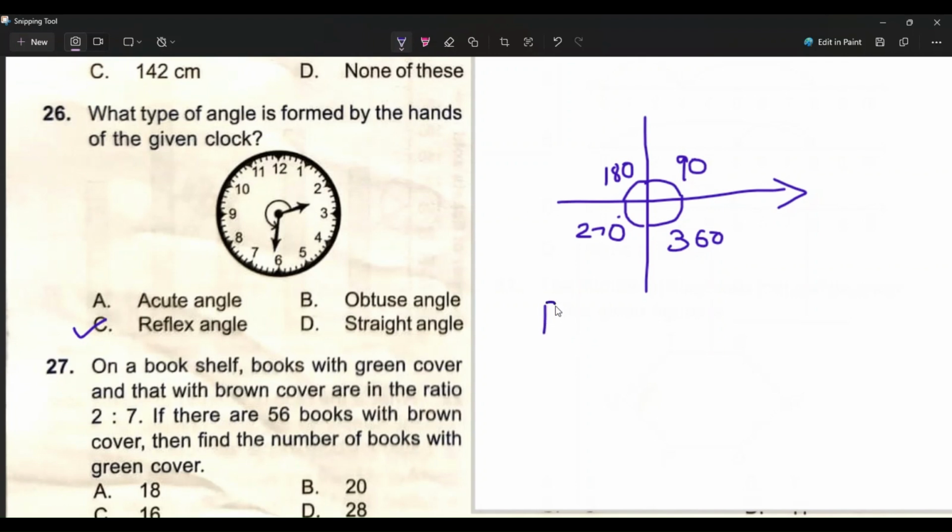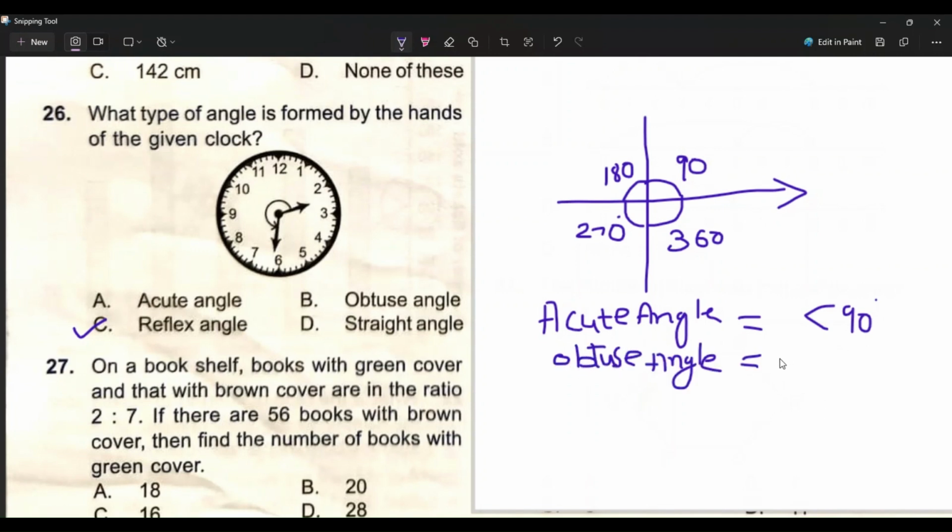So let me explain to you what is acute angle. Acute angle is equal to less than 90 degrees. Obtuse angle is equal to greater than 90 degrees, less than 180 degrees.